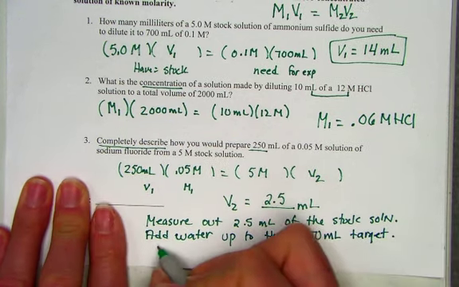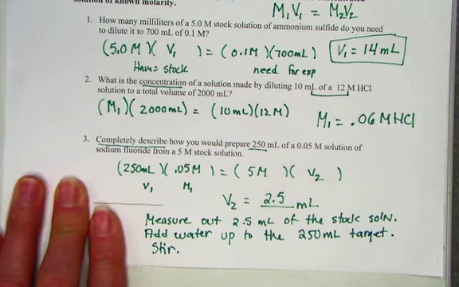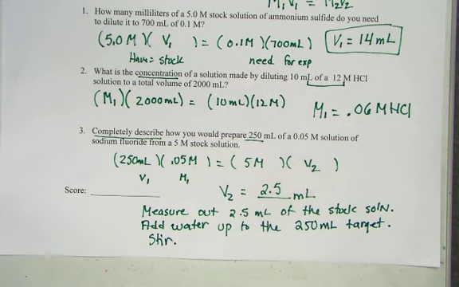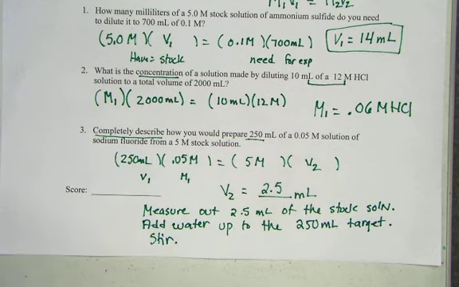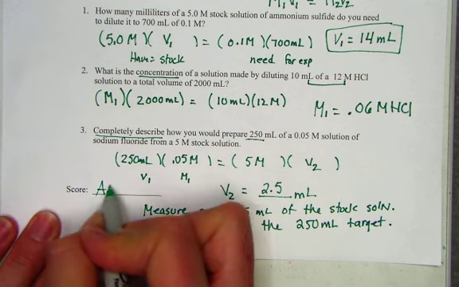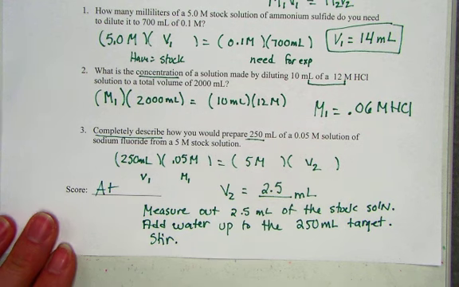And the final part, I always say, is to stir it so that it's mixed uniformly. By the time I've measured out 2.5 mL of our stock solution, added water to the 250 mL mark and stirred it up, we'll have created 250 mL of the 0.05 molar solution we needed to run the experiment. And there is the final question for Objective 2.